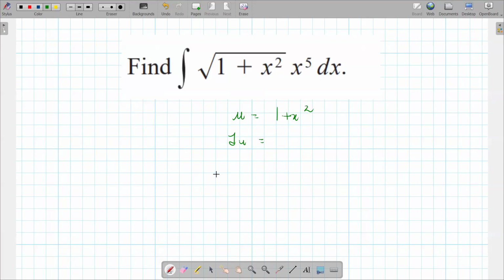Is it just 2x? Yes. Okay, let's keep that in mind.